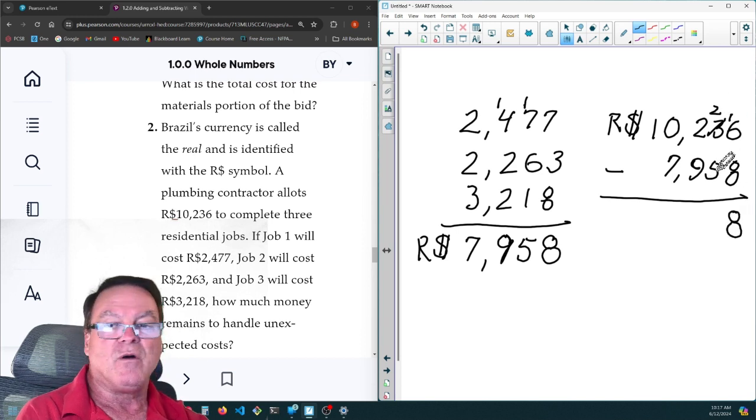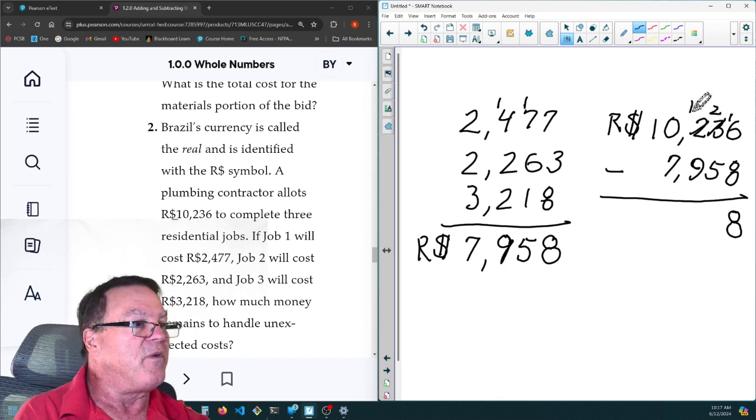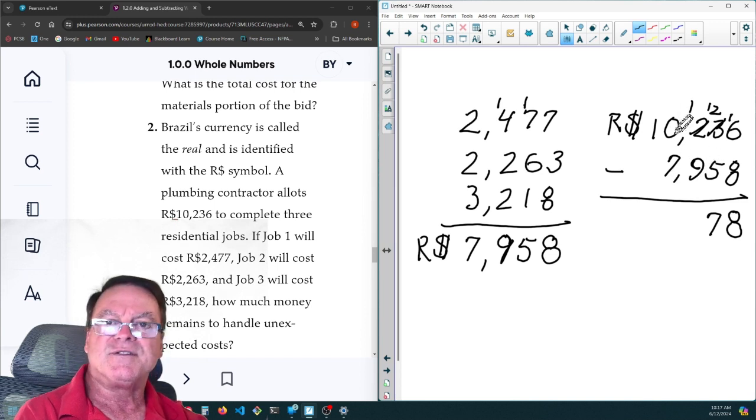2 minus 5, well, we can't subtract 5 from 2. So we'll do the same thing in the hundreds column. We're going to borrow one of the hundreds, and we're going to call this 12. 12 minus 5 is 7. And now 1 minus 9, I can't do that, so I need to borrow one from the thousands column. But look, my thousands column is a 0. I can't borrow anything from 0.